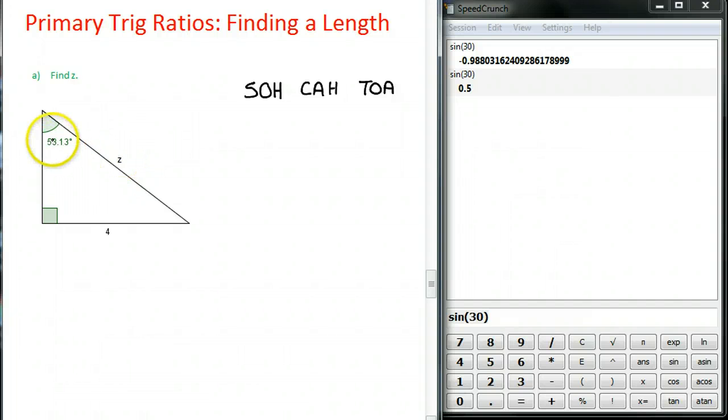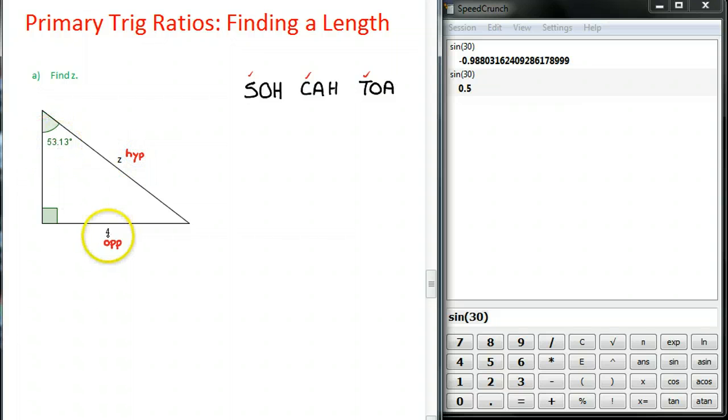What I do is I look at the angle that I'm using, and I know that I have to have an angle in my calculation, so I'm going to check mark sine of an angle, cosine of an angle, tan of an angle. And now I'm going to label the sides relative to this angle. So the 4 would be the opposite side, and the z would be the hypotenuse.